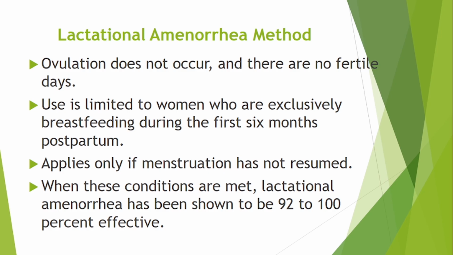So its use is limited to women who are within the first 6 months postpartum, and it applies only if menstruation has not resumed. So in other words, if the woman is still within the first 6 months postpartum and she has resumed menstruation, then the method is no longer considered safe for her. When these conditions are met, lactational amenorrhea has been shown to be 92 to 100% effective at preventing pregnancy.